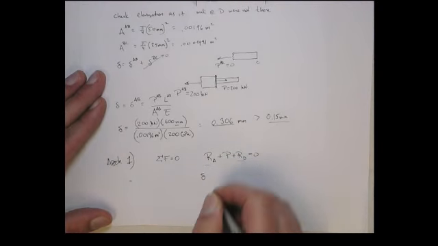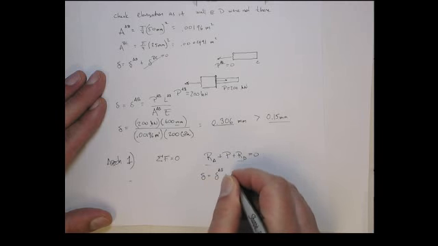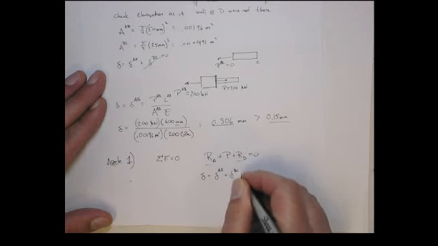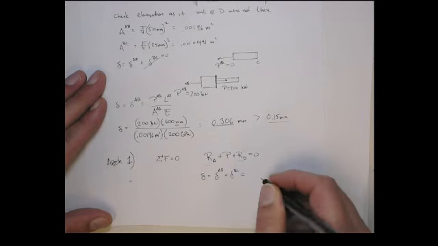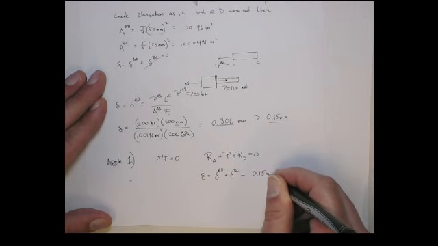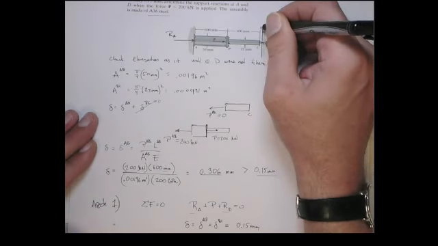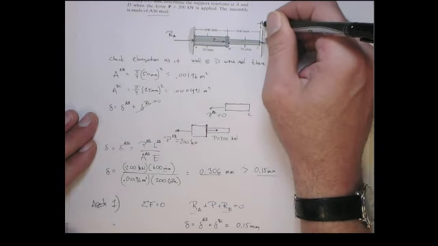The total elongation, which is the elongation of section AB plus the elongation of section BC, has to equal, not 0 in this case, but has to equal the 0.15 millimeters. So we know the elongation is going to be this gap distance, right?